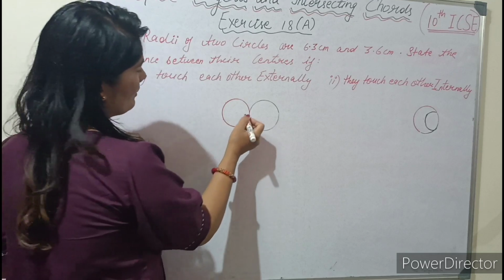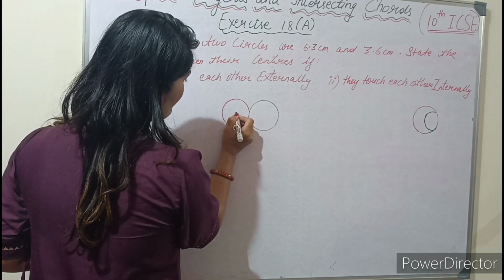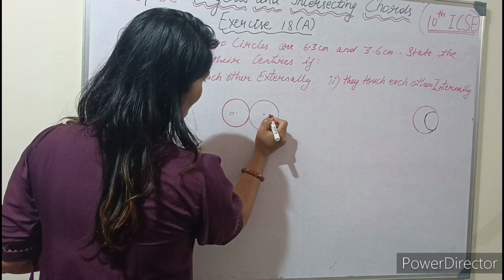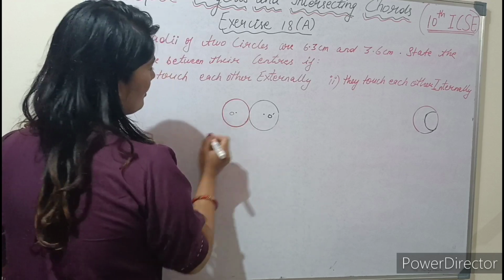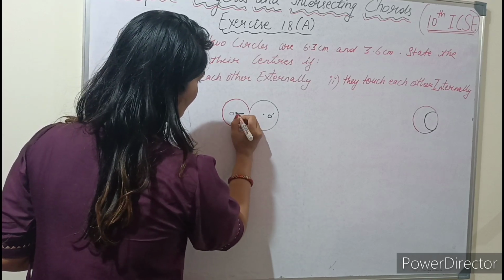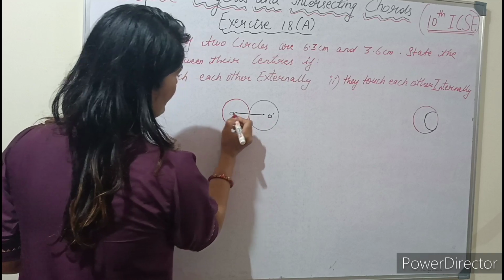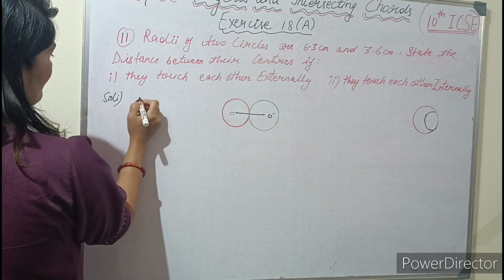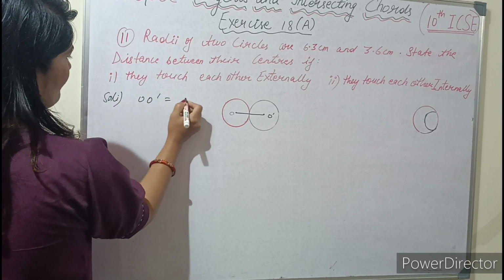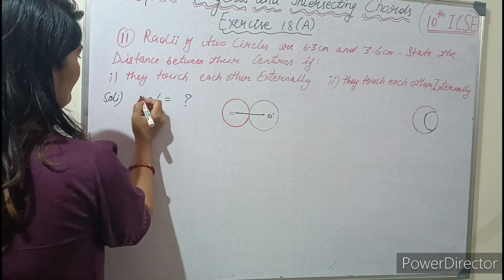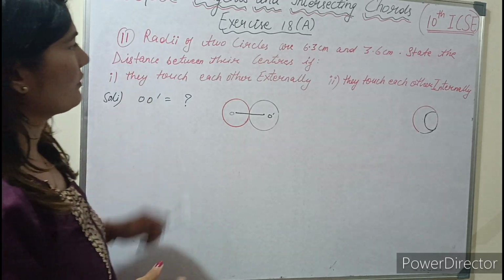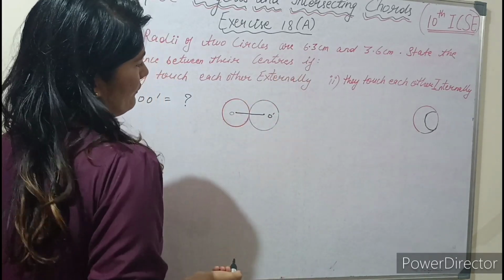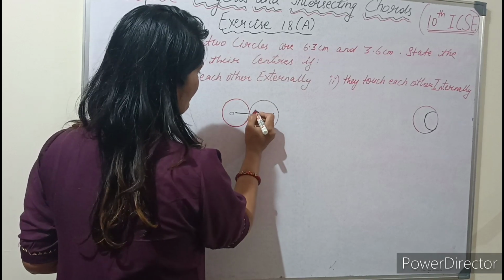So the first part, for this small circle, let's suppose the center of the circle is O, and for this big circle, the center of the circle is O dash. So if I join this line, in this case you have to find this distance, the value of OO dash. Now from the given part, the radius is given to you, that is 6.3 centimeter, so of course for the big circle, the radius will be 6.3 centimeter.